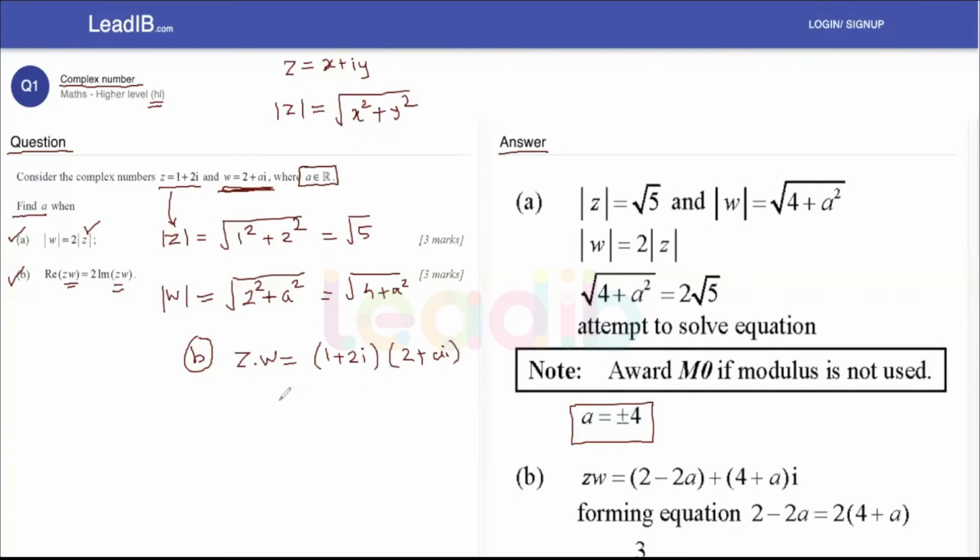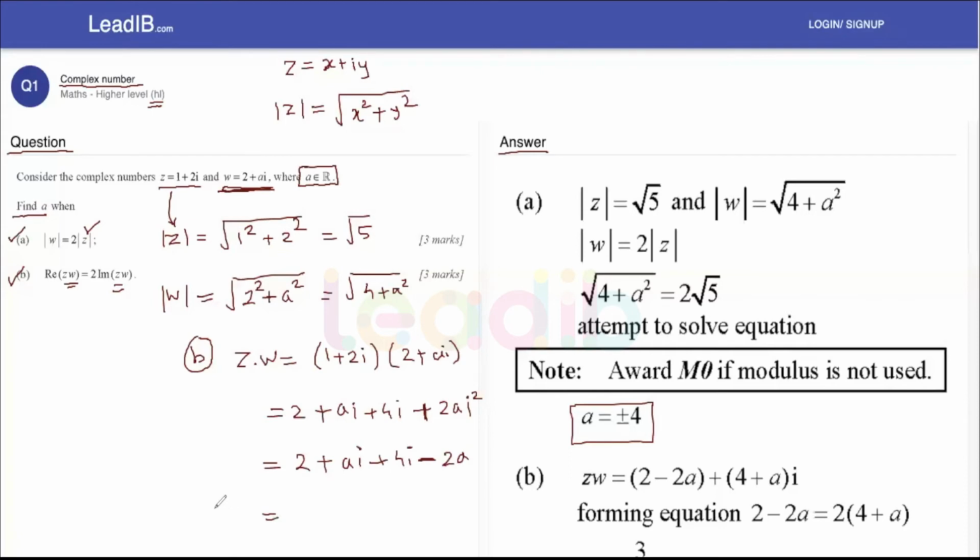Now both of them are complex numbers, and if you have to multiply complex numbers, just open the brackets as you usually do. So you multiply 1 with this bracket, that's 1 times 2 is 2, 1 times Ai is just Ai, and 2i times 2 is 4i, and 2i times Ai would be 2A i squared, right? Now the value of i squared is negative 1. So let me write that: 2 plus Ai plus 4i, and i squared becomes negative 1, so this plus will become negative, because of this i squared: negative 2A.